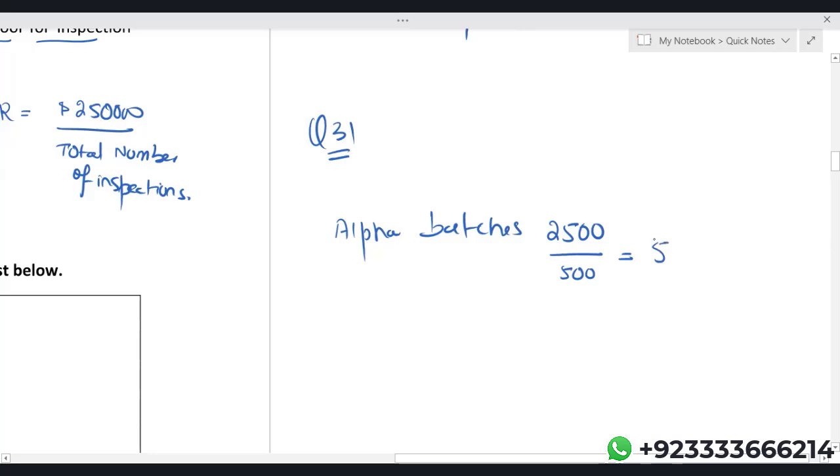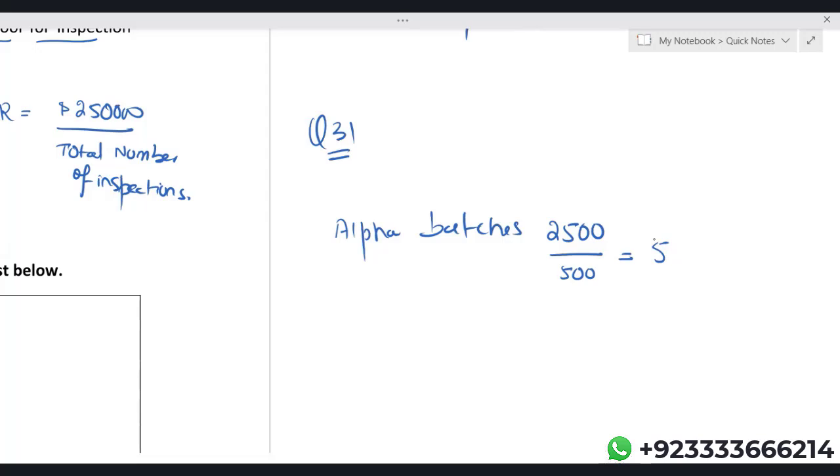So basically 5 batches of alpha means we are actually manufacturing 2,500 units of alpha, because one batch size is 500 units. When you are producing just one batch of alpha, it means you are manufacturing 500 units of alpha.